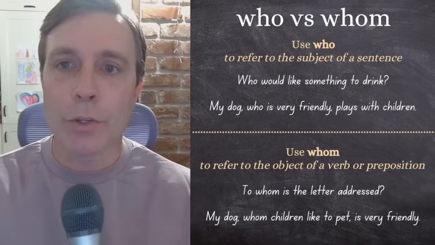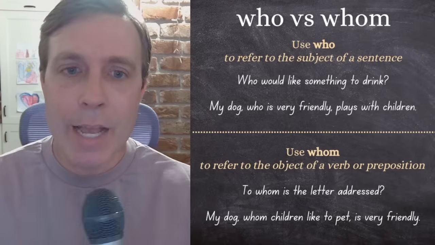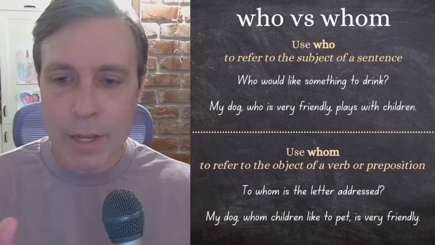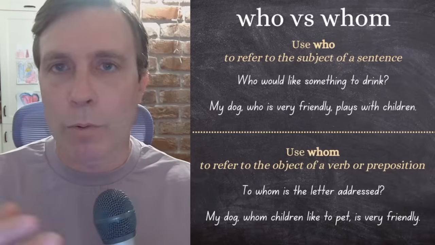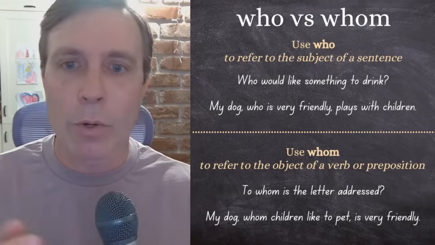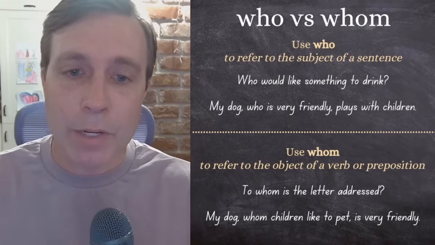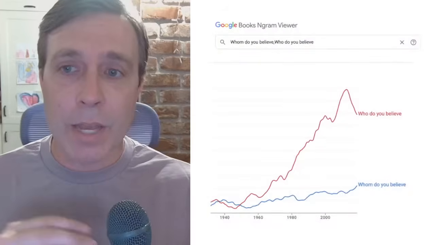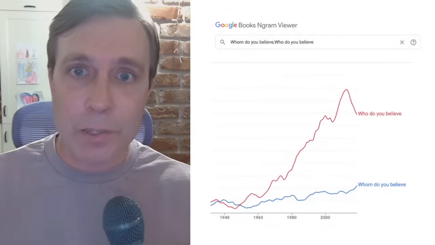Now, overwhelmingly, when somebody is just having a conversation, people are going to use who. I would say it's even becoming more common in writing, and it's one of those things where you'd have that argument, not that it's wrong or right, but is it acceptable or unacceptable? To give you an example, when we go to Ngram Viewer, this is actually taken from written English, not even spoken English.